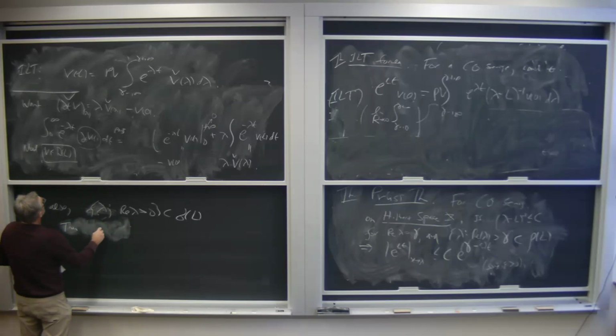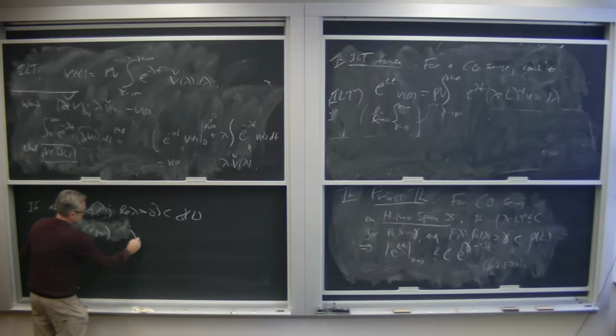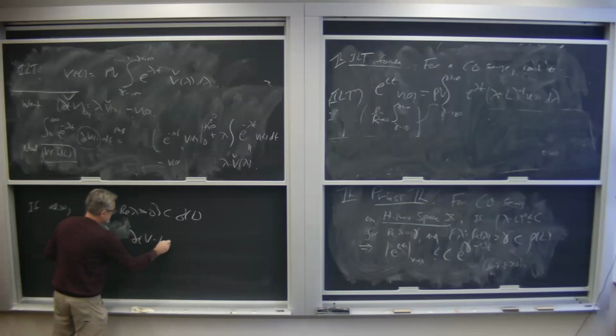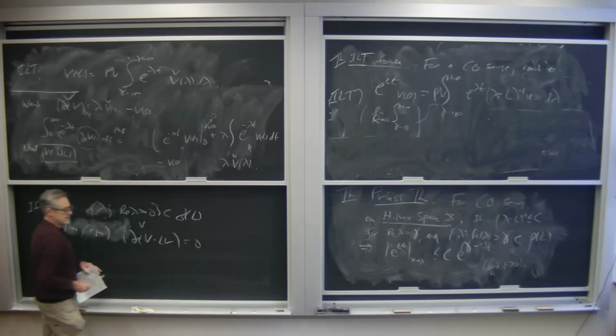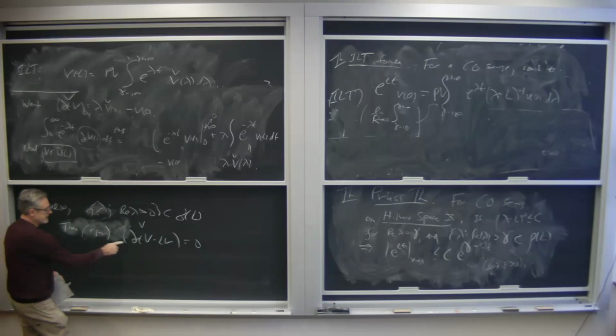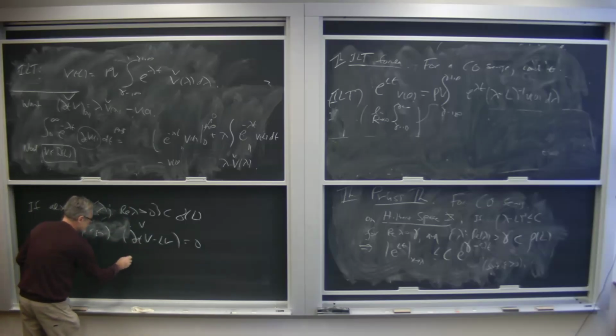Then I know from the equation, d/dt of V minus L V check is equal to 0, but this one is lambda V check minus V of 0.